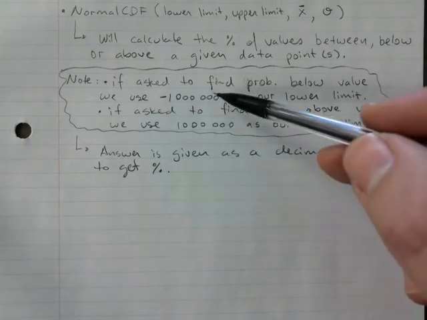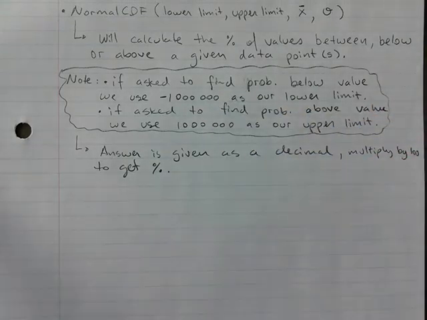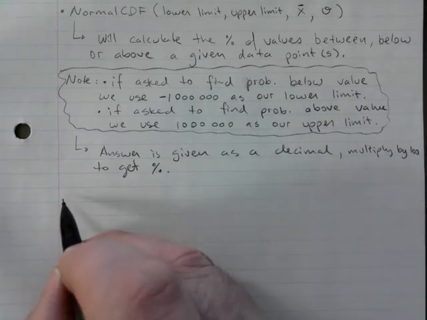The negative 1 million and the positive 1 million works most of the time. But if you are dealing with millions of dollars, you need to go 10 million or 100 million, whatever the case is. You need to make it as small as possible or as big as possible considering everything. Okay?